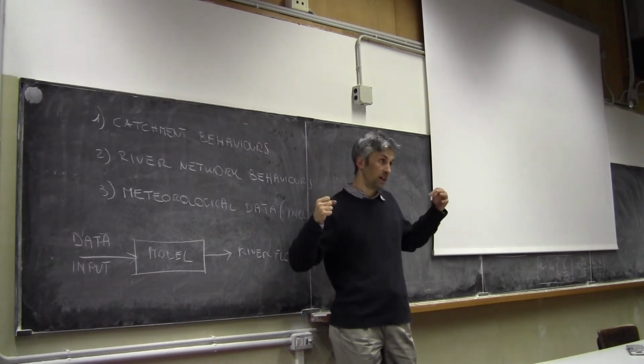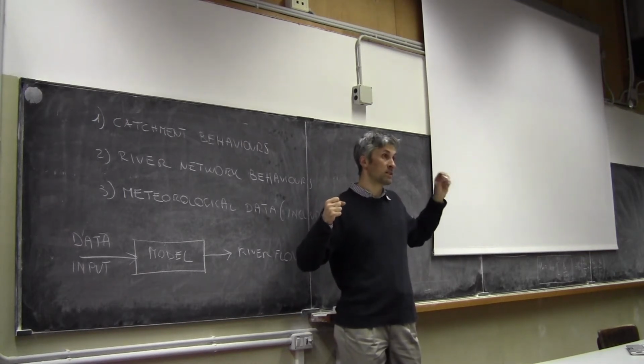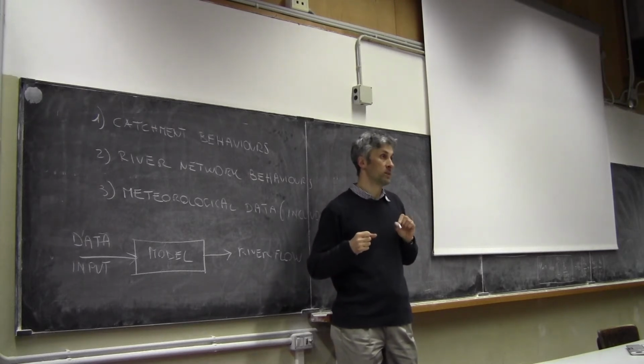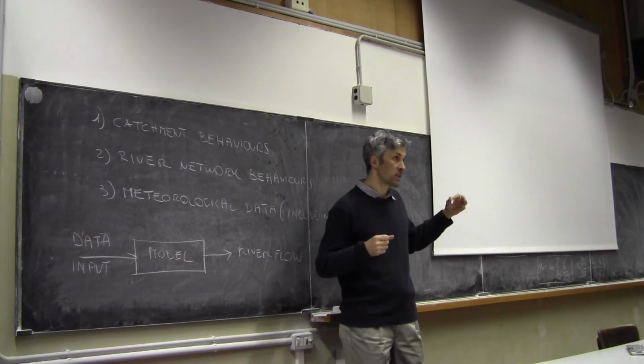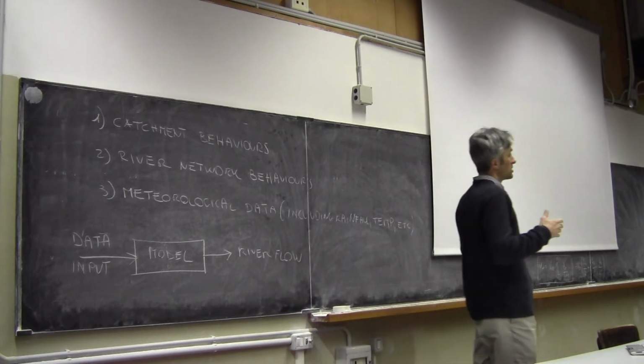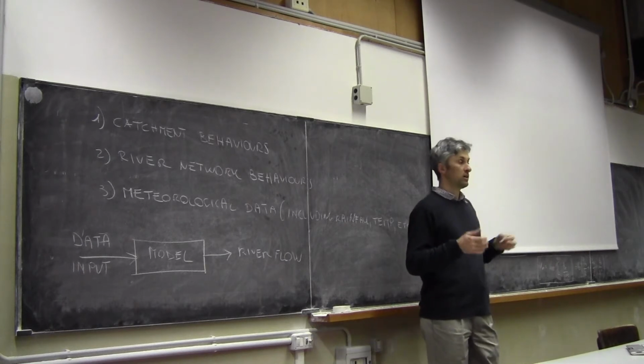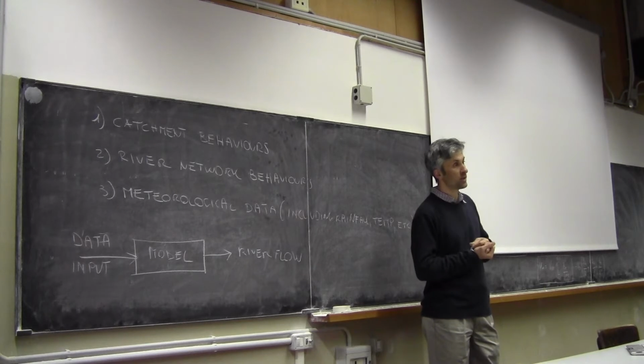Because at that time, more than today, they suffered the lack of river flow measurements. So they had the first necessities to design structural works like bridges, like flood protection measures, and they needed to get an estimate of the river flow, but they didn't have any measurement, while they had some measurement of rainfall.